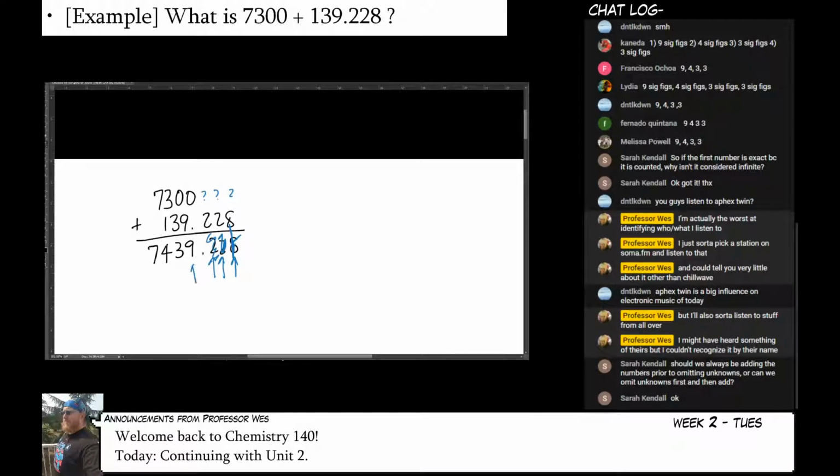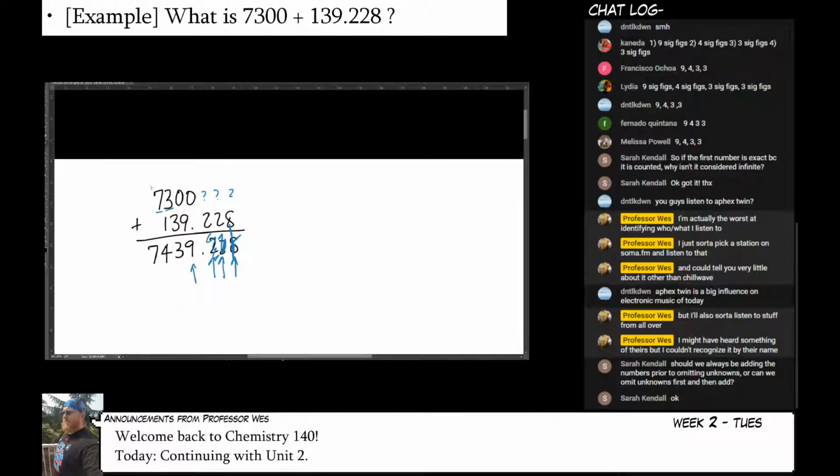But then we get over here. And what I need to do now is look at this 0 and determine, is this 0 known or is it unknown? Is it actually a question mark and it just got rounded? Well, how many significant figures are in 7300?